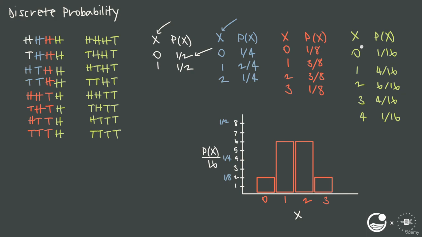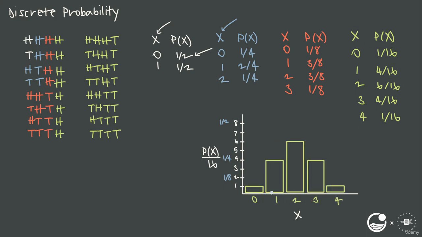When we flip a coin 4 times, we can get 0, 1, 2, 3, or 4 heads. If we just count out of all 16 outcomes here, the number of times that we get 0 heads, 1, 2, 3, or 4 heads out of the 16, we can fill out here the probability of this specific number of heads. And if we sketch this distribution into our graph, it looks like this.